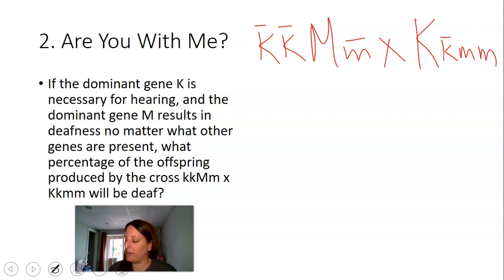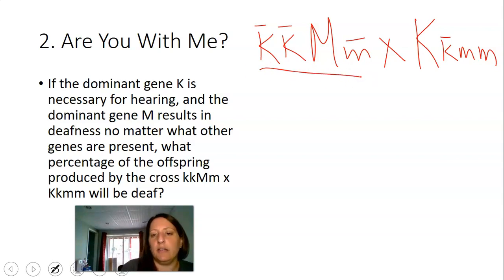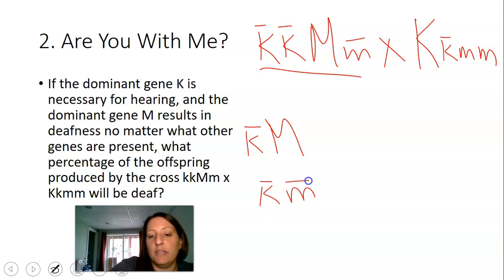Let's set up our Punnett square. We'll do this parent along the left-hand side. The gametes produced by this parent are going to be little k, big M, and the other half are going to be little k, little m, and that's all. So it's going to be a smaller Punnett square.